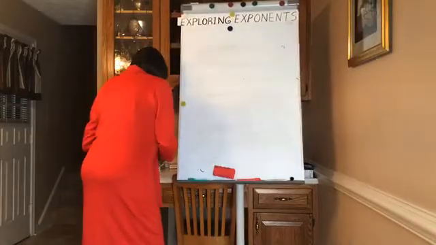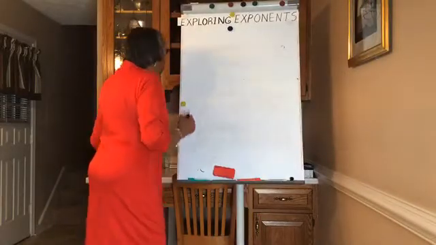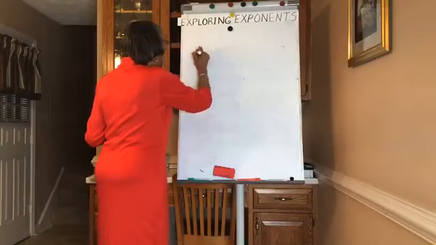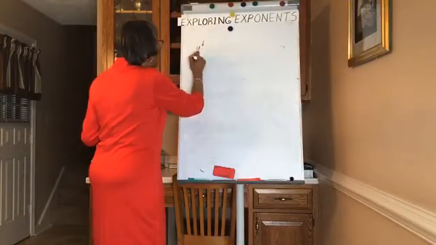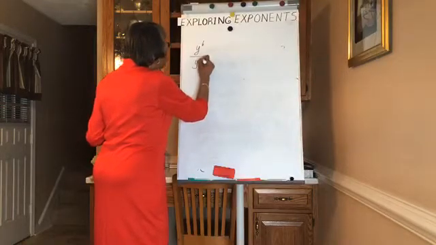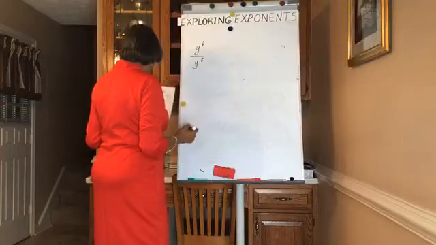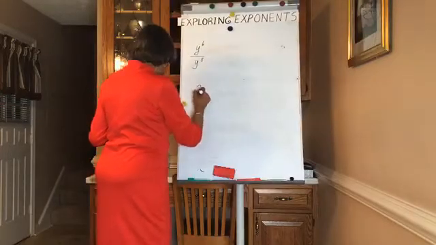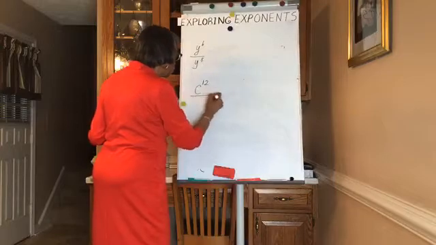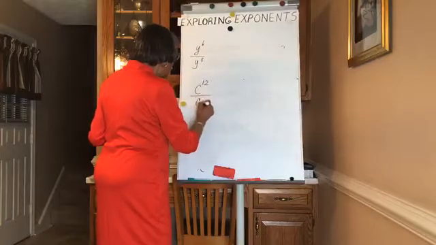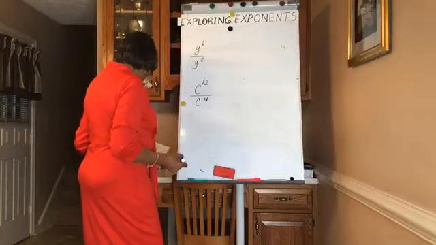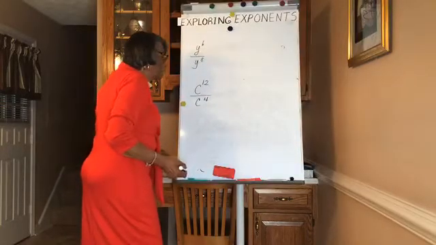All right, I want you to do y to the 6th power divided by y to the 8th power. And c to the 12th power, I'm going to make it larger, divided by c to the 4th power. All right? And I'm just going to put those two up at this time.